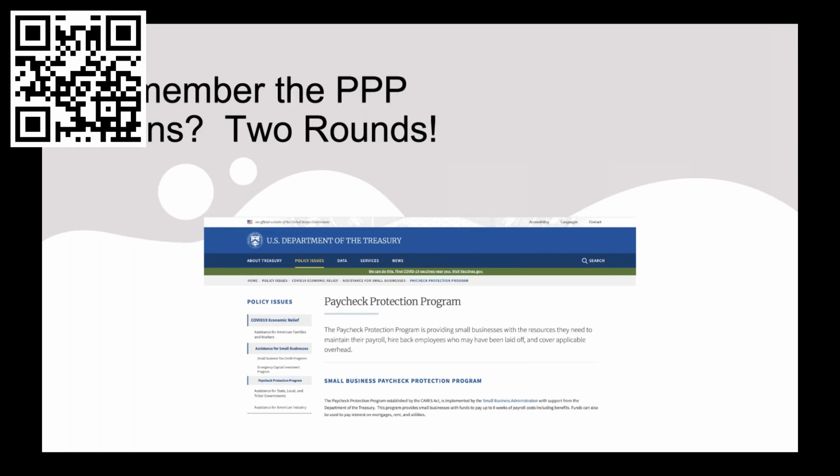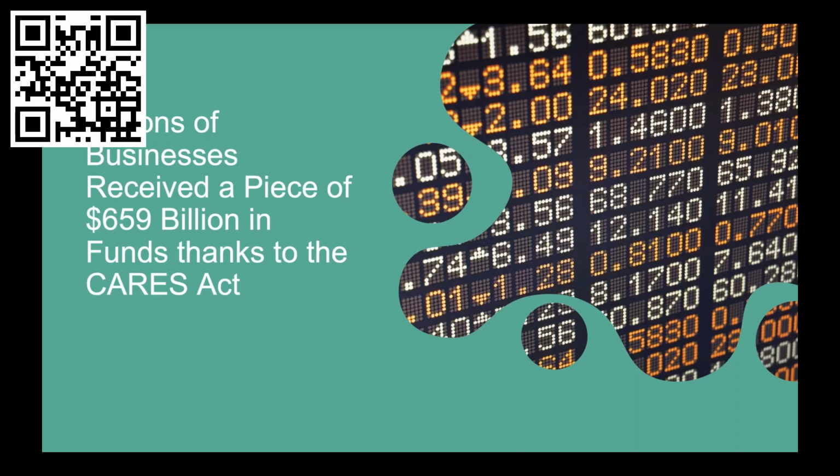And this program was called Paycheck Protection. It's gone now, but it was the original program. It was created by a law in the US called the CARES Act. It helped millions of businesses get a piece of $659 billion. Unbelievable.